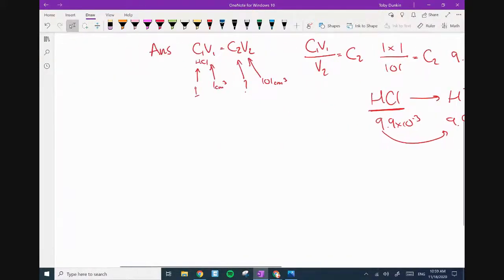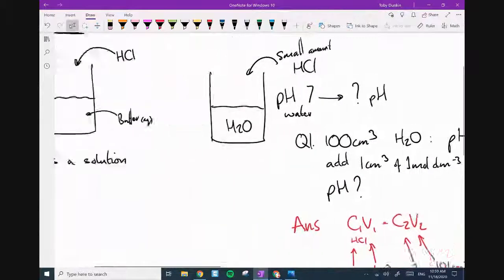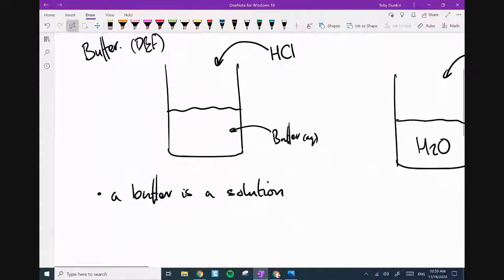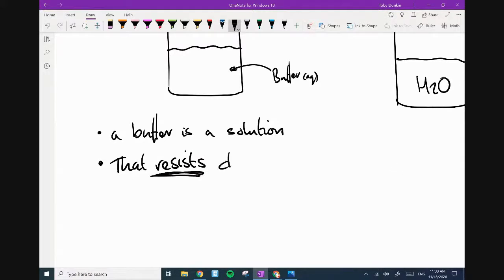So what that means is we needed to be able to regulate pH. So we created a buffer. A buffer is a solution, bullet point number 2, that resists change in pH. Notice I'm using the word resists and not that it stops the change.